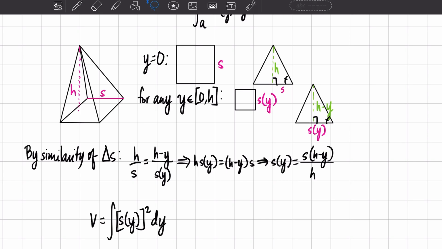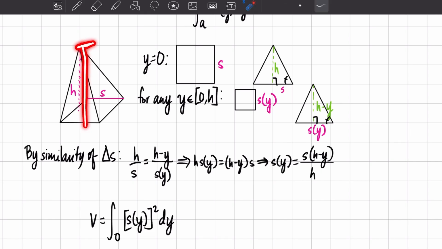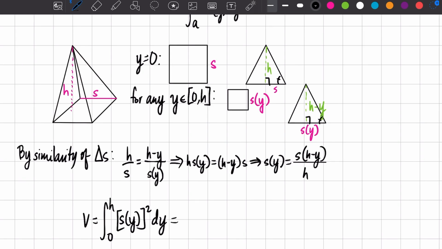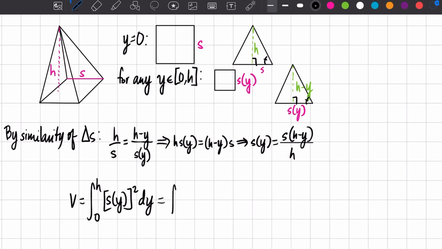And as for the bounds, we are starting from the bottommost, which is of height 0, until we reach the very top with height h. So that would be from 0 to h. But your s of y is this one right here. So we have the integral from 0 to h of s times h minus y over h, squared, dy.